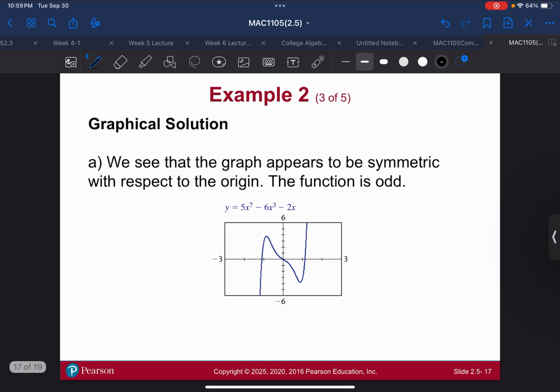So this is what that graph looks like. And hopefully you can see that it does appear to be symmetric with respect to the origin. And if you tested the points on here, we would see that they would be negative versions of each other.